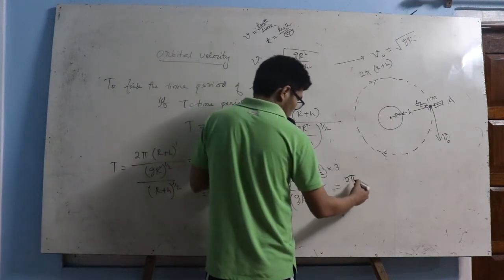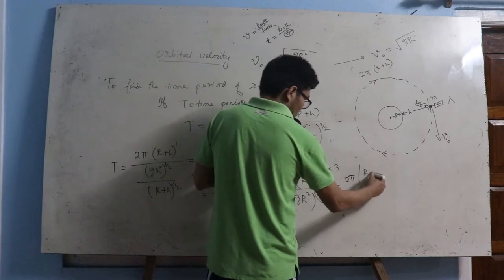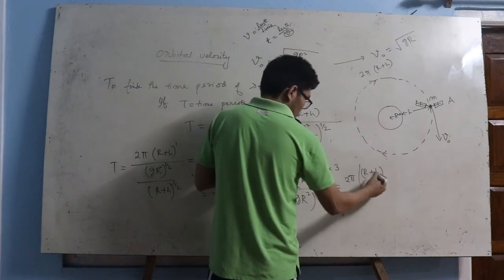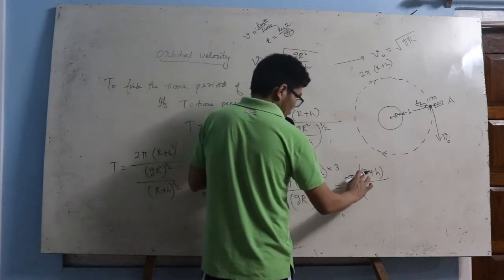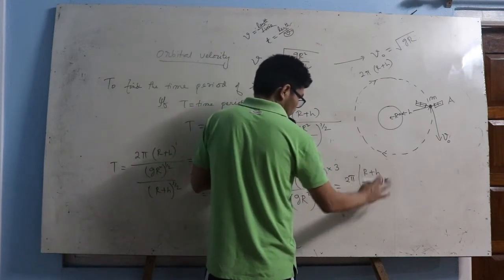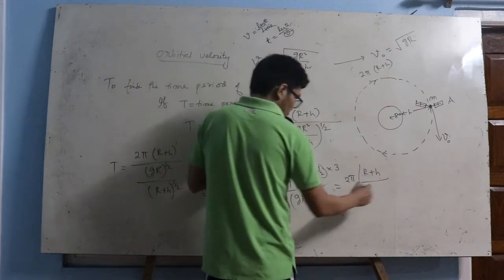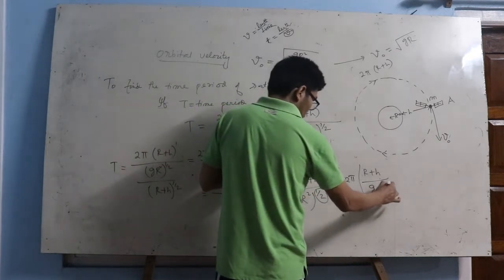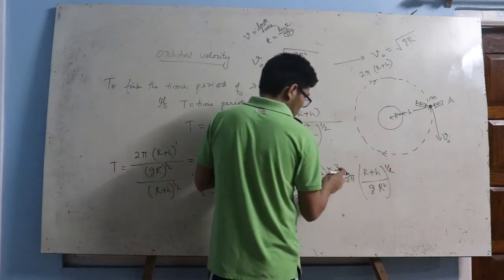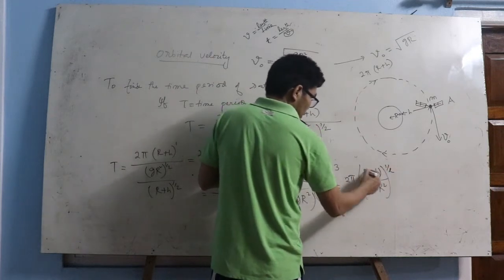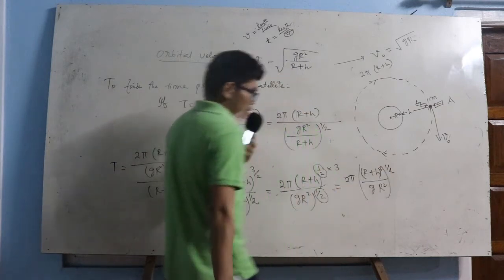So you can write (R plus h) divided by gR squared, whole power 1 by 2, and this cube will be multiplying inside here.